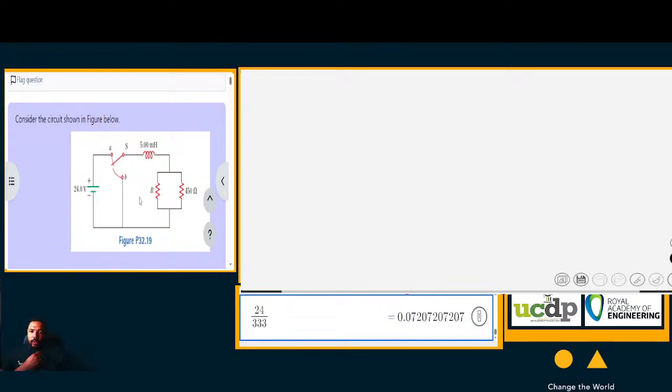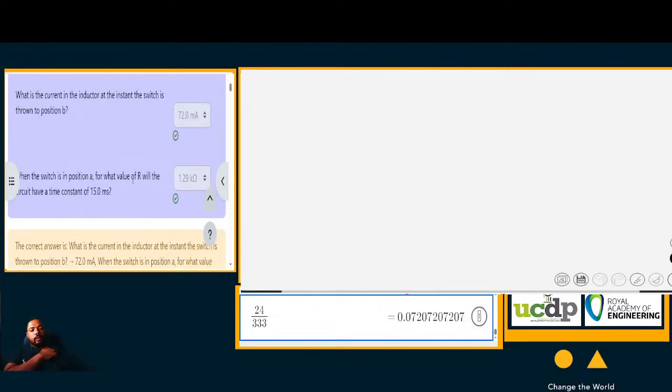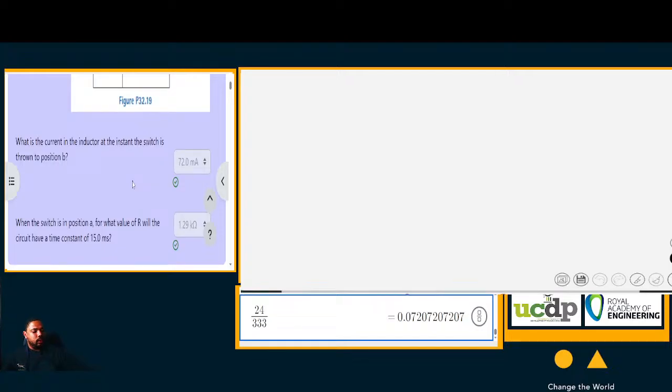Equivalent resistance. First of all, we needed to calculate the value of R. Okay, so equivalent resistance, R equivalent, is equal to L, the inductance, divided by the time constant.